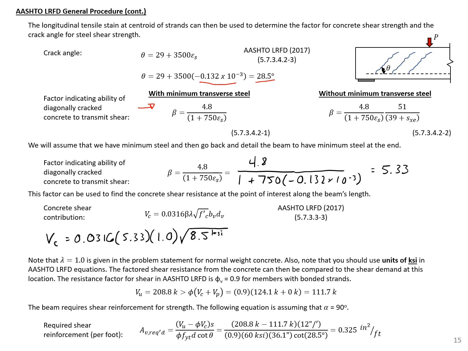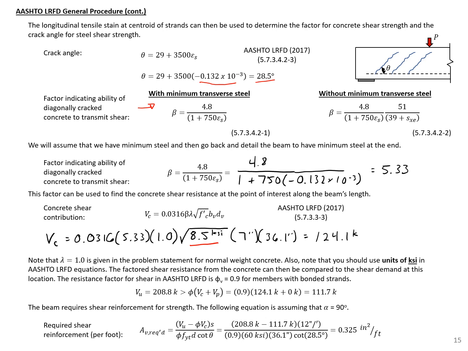So note that in AASHTO, we're using ksi for our units and our square root here. And then we take that times our bv, 7 inches, times dv, 36.1 inches. And we'll get a Vc of 124.1 kips.